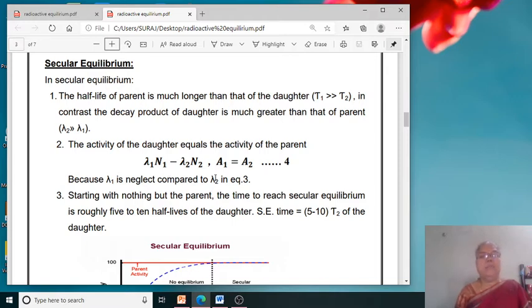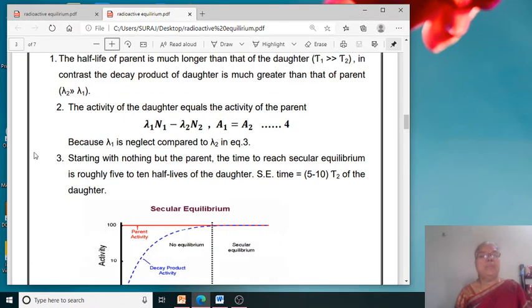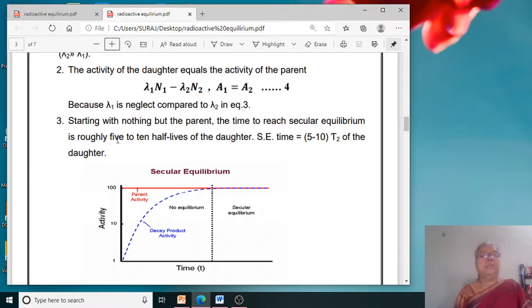That's why we write here A1 equals A2, because lambda 1 is neglected compared to lambda 2. So starting with nothing but the parent, the time to reach secular equilibrium is roughly 5 to 10 half-lives of the daughter.